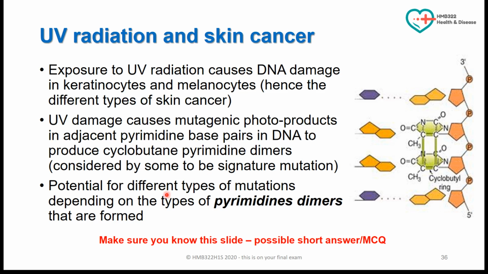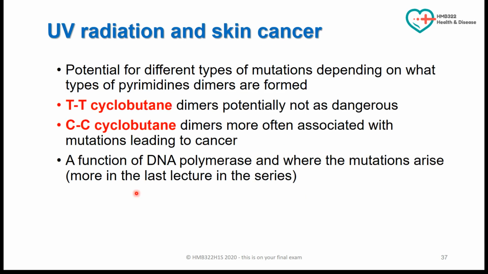So this produces the potential of having different types of mutations in either these keratinocytes or in these melanocytes. And it really depends on the types of these pyrimidine dimers that get formed, but this is the classic type that we are looking at, and I'll show you on the next slide which ones are more dangerous versus the ones that are less dangerous.